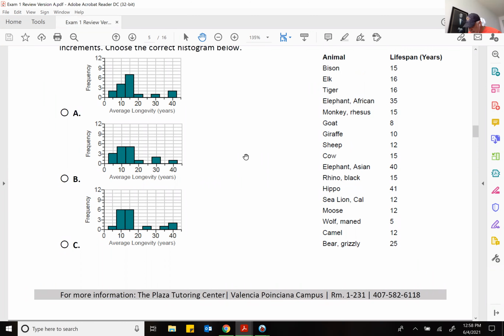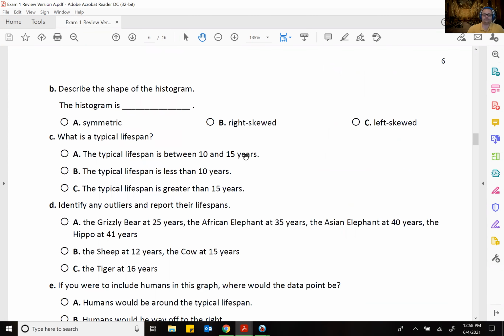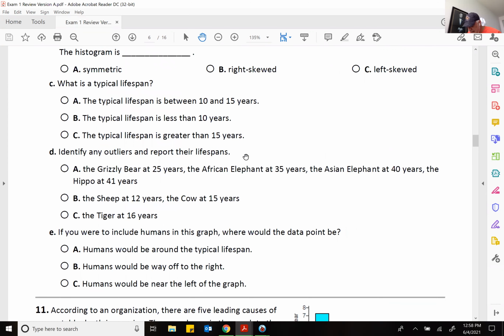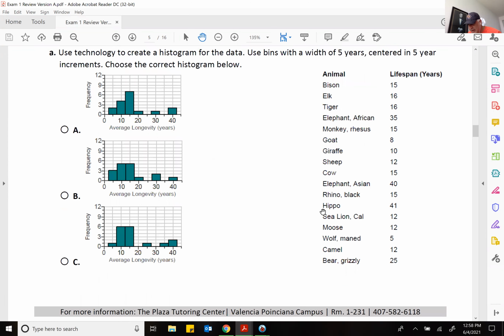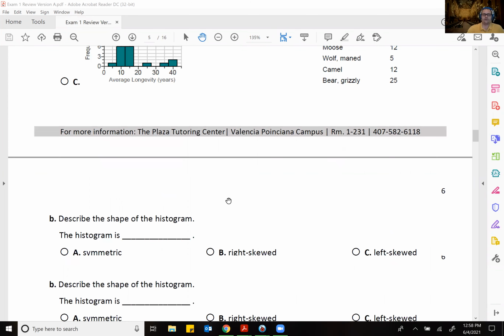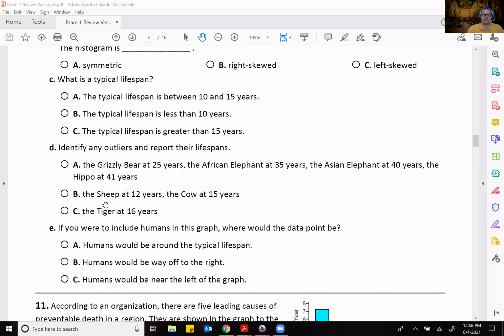The hippo, the elephant, I would say A. So the hippo and the elephant, just those 2? No, and the Asian elephant, the African elephant, and the grizzly bear. There you go. So coming down here, looking at the choices, there's only one answer that really makes sense, and that is A.